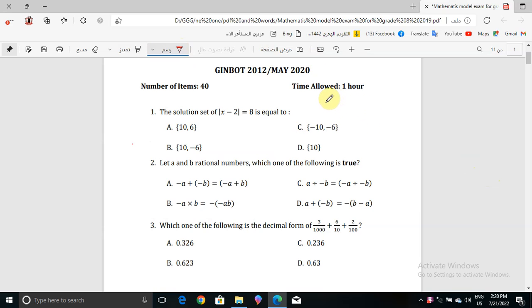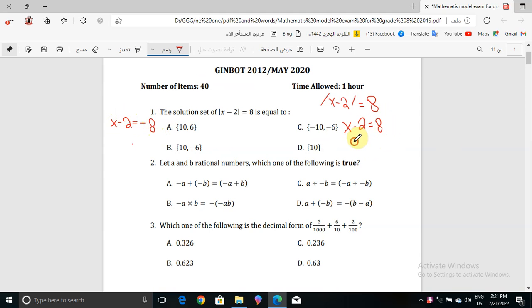Now here the absolute value of x minus 2 is equal to 8, right? So here we can take x minus 2 out of the absolute value brackets. We'll make x minus 2 equal to positive 8, and another one, x minus 2 equal to negative 8.